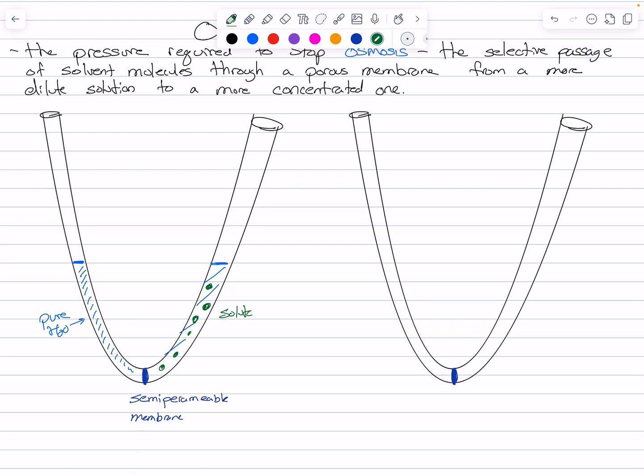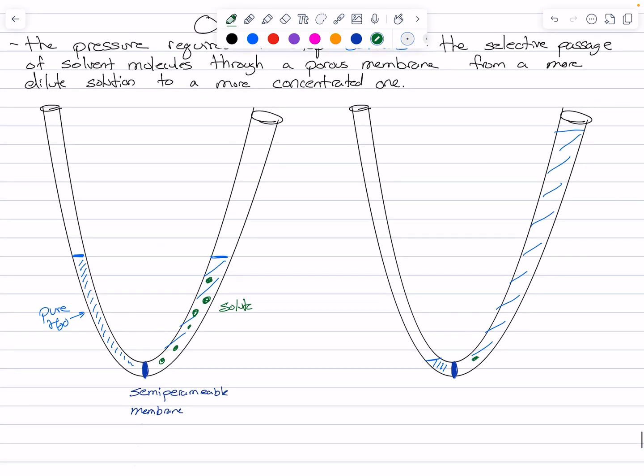All right, and so what's going to happen, because, again, from entropy, is you're going to have a net migration of water that goes up with the solute on the right-hand side. Okay, so this is the before. This is the after.